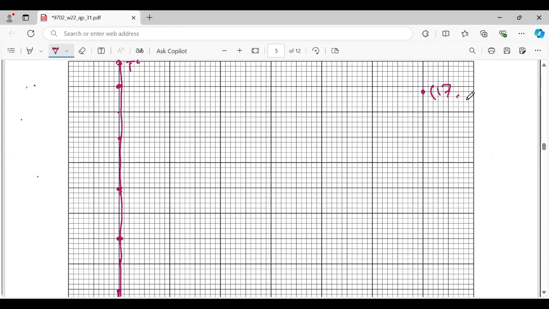This is 17, 0.49. This is 0.5. And then 15 here, 0.36. After 0.49, 0.36 around here. So 15 and 0.36.